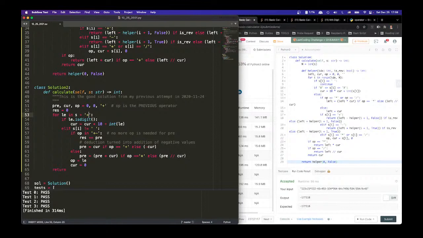It shall be whatever is the result. What do we return?